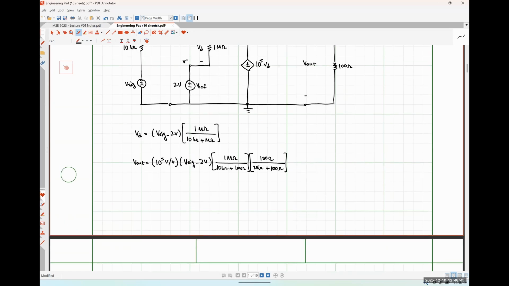So for an output voltage of Vout equal to 5 volts, what we would find, and do you guys want me to write down all of the math here or just give you the result because this is a one equation, one unknown system? Just the result. Just the result, okay?